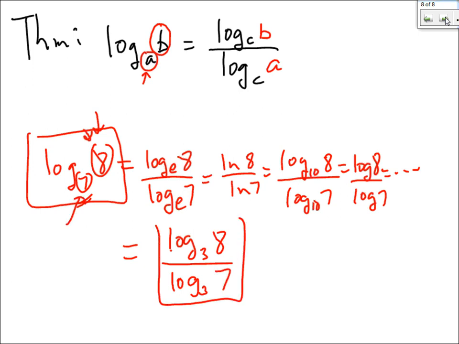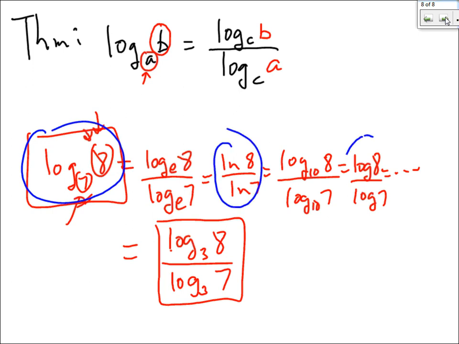You can use that special calculator to compute log base 3 of 8 divided by log base 3 of 7, and you'll get the same answer. Same answer. It's called the change of base theorem.